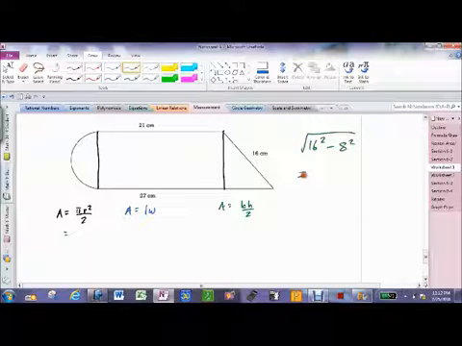Square root. $13.86. Now, can you do everything? Yeah, because what's the radius over here? It's 13.86 divided by 2, right? 6.93. Yeah? So this is pi times 6.93 squared divided by 2.